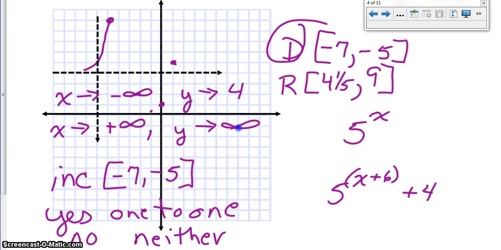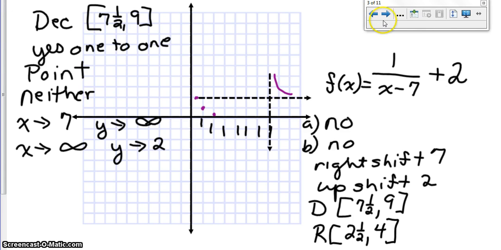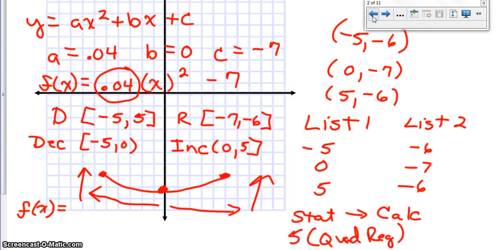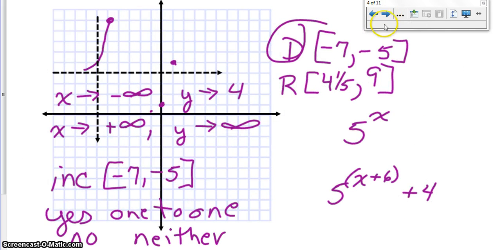Okay? So, we talked a little bit about a rational. We talked about how to find the quadratic in the graphing calculator. And we also talked a little bit about how to change an exponential.